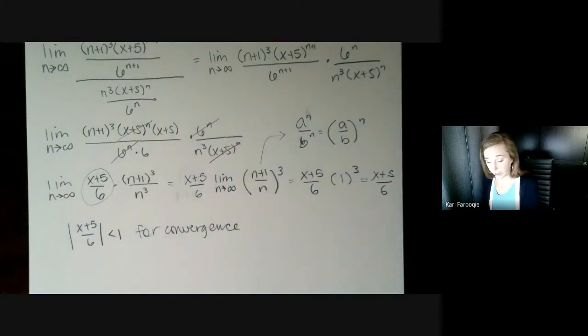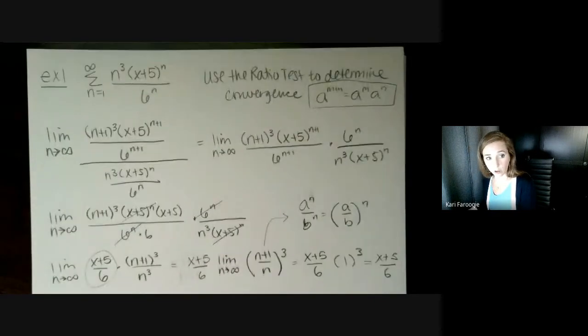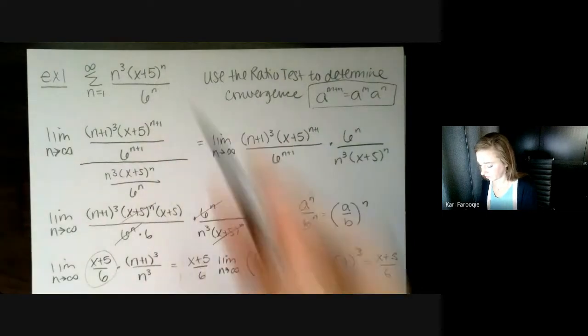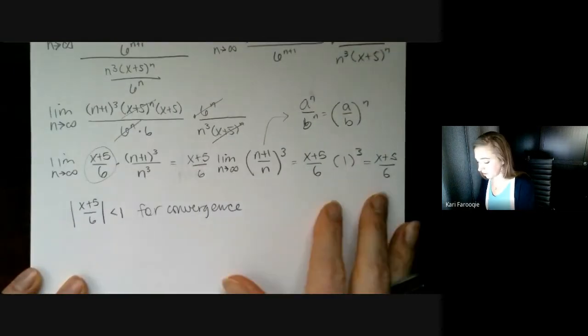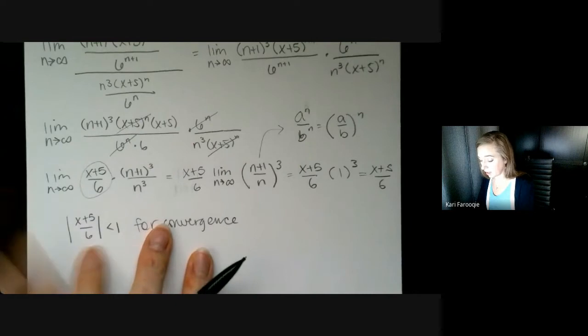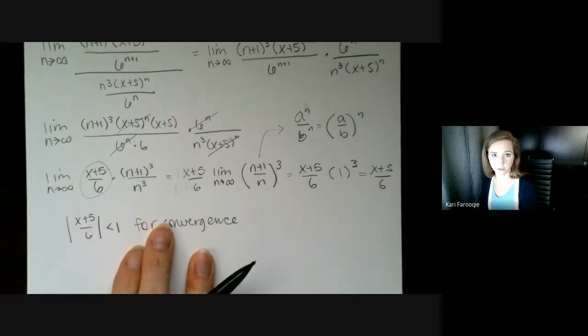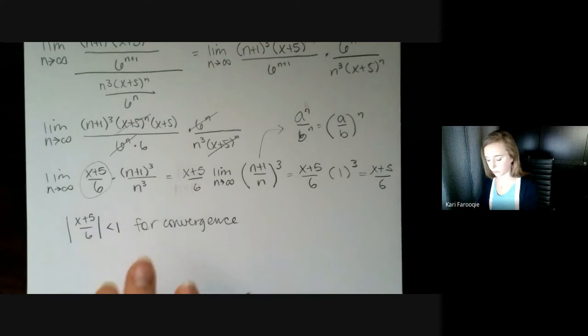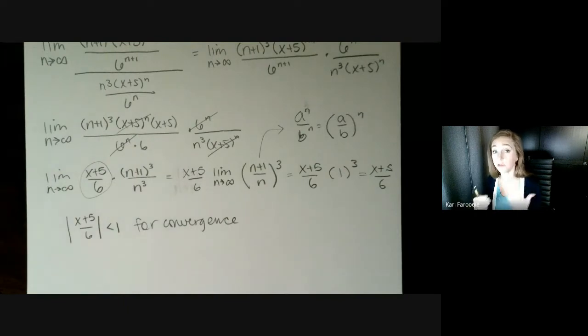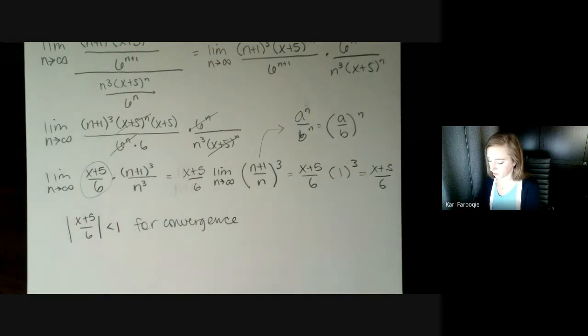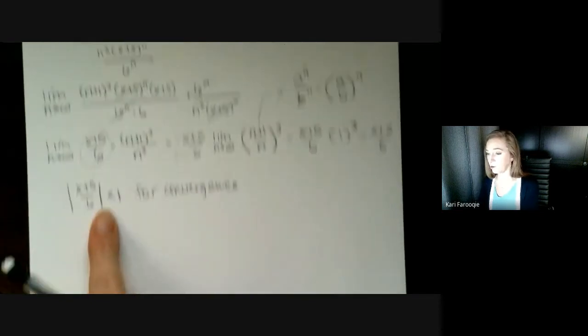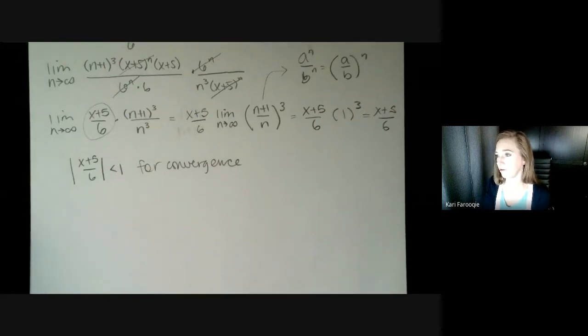So thinking back to what we originally had, isolating that piece, what I need is for the absolute value of the limit to be less than 1. Because remember, with the geometric series, we just needed the absolute value of r to be less than 1. And that's the way this is going to work for all of these. We're going to be using the same procedure each time. In order to solve this, we're going to take this absolute value. I'm going to remind you of something you did in algebra that you probably haven't done in a long time.